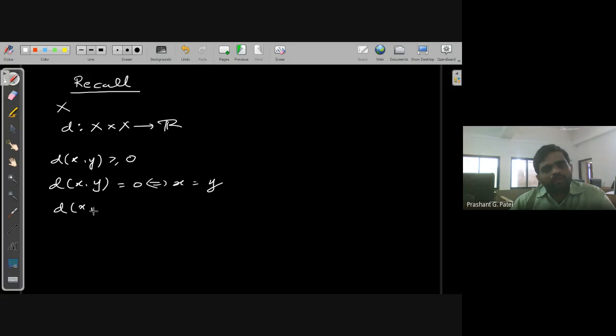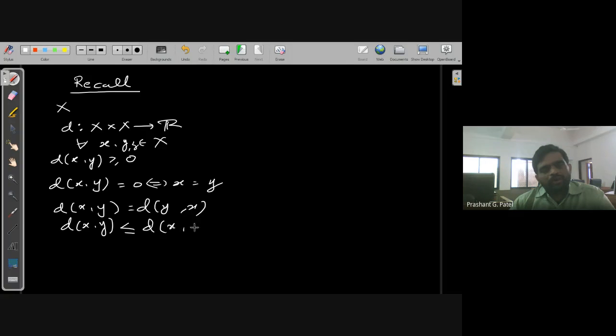Then d of xy is the same as d of yx, and this is true for every x, y and z belonging to X. The third condition is the triangle inequality, that is d of xy is less than or equal to d of xz plus d of zy. The first one is called the non-negative condition, the second one is called symmetricity, and this one is called the triangle inequality.